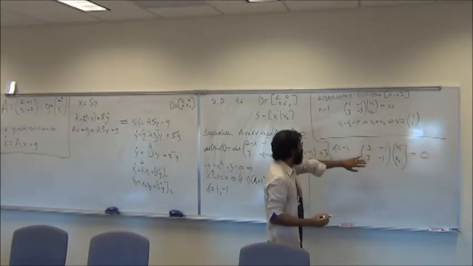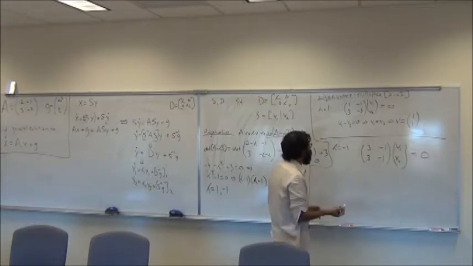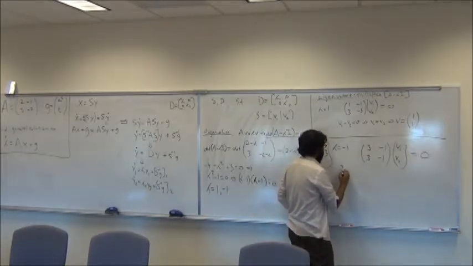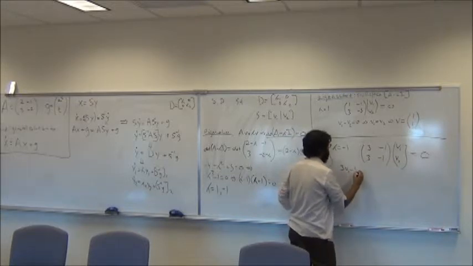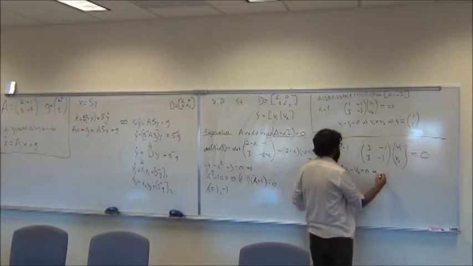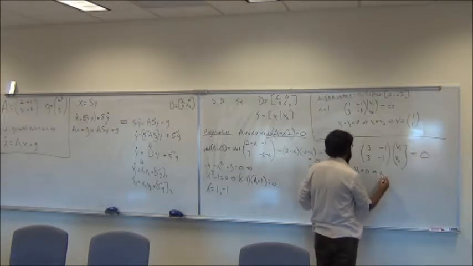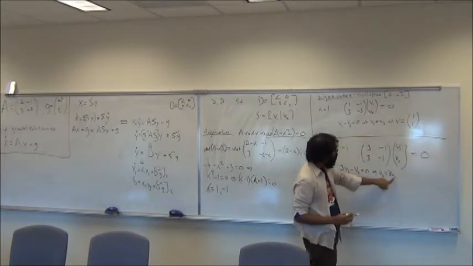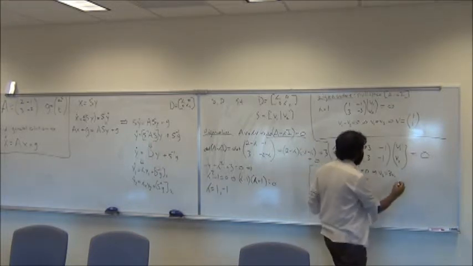And same thing, in this case, the two rows are identical, the two equations are identical, and we get 3v1 minus v2 equals 0. So that tells us v2 equals 3v1. And so if v1 is 1, then v2 will be 3.